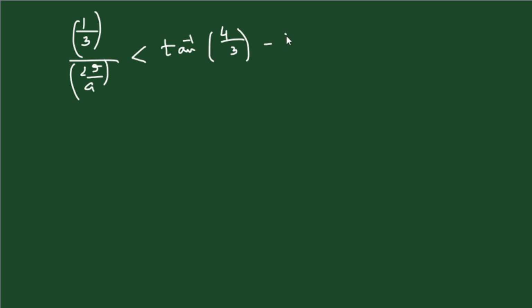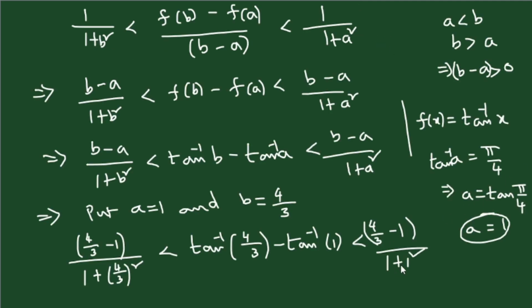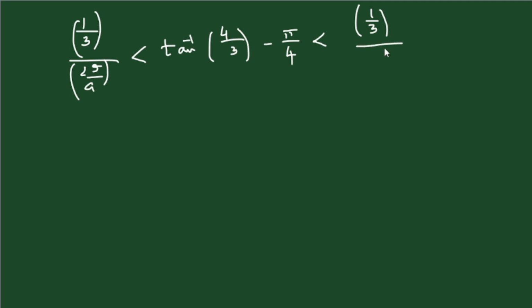So minus pi by 4 less than, numerator is again 1 by 3 because it is b minus a, again 1 by 3, denominator is 2. I write it as 2 by 1. Then in this particular term, it is 1 by 3 into 9 by 25, that is 3 by 25.